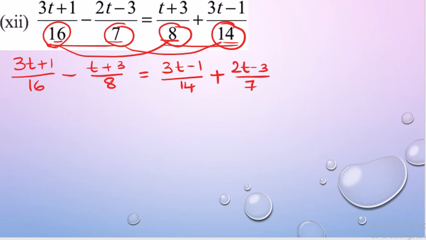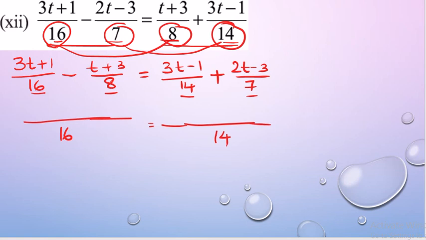Now if you observe the denominators, here we are having 16, here we are having 8, here we are having 14, here we are having 7. Now the LCM of 16 and 8 is nothing but 16 itself, and on the right hand side the LCM is 14. So why we have transposed, you might have understood, right?